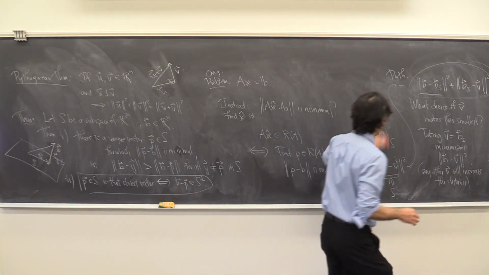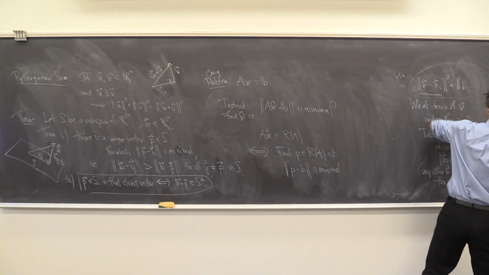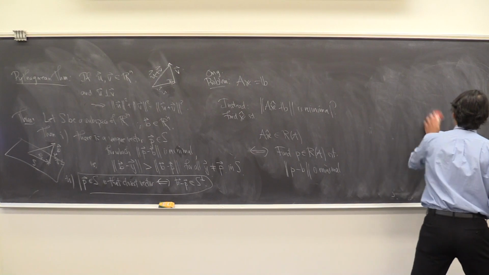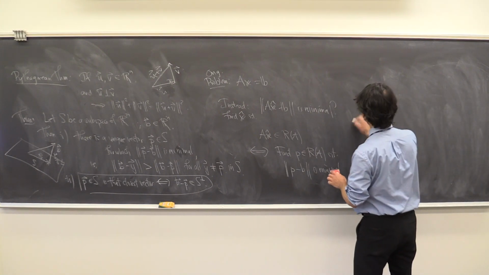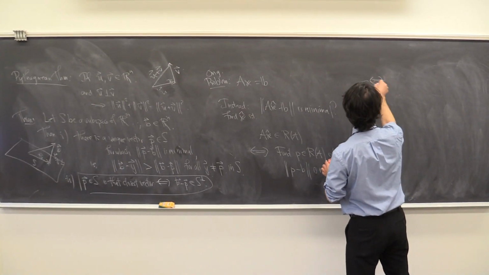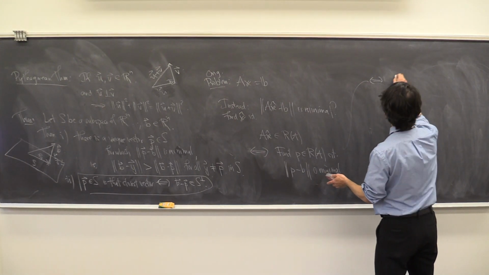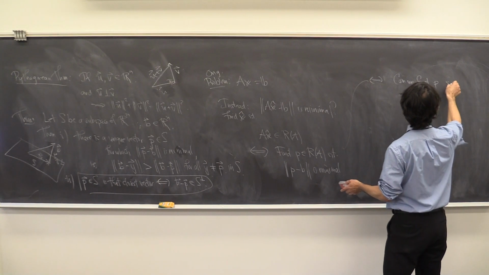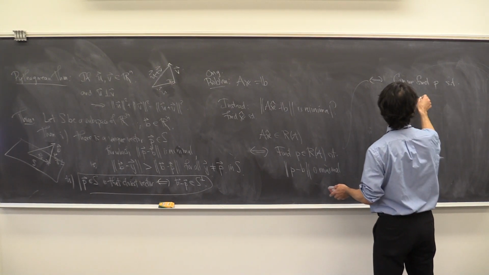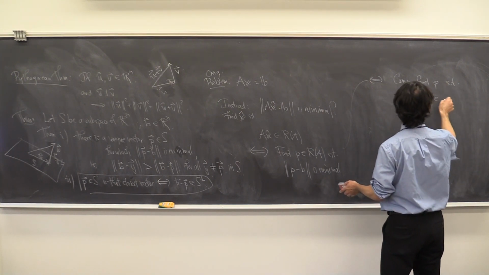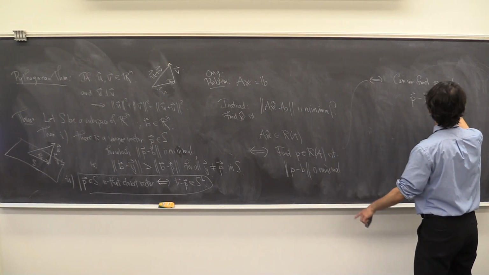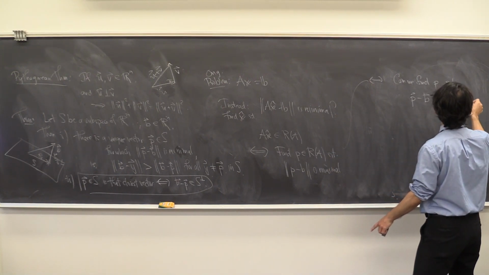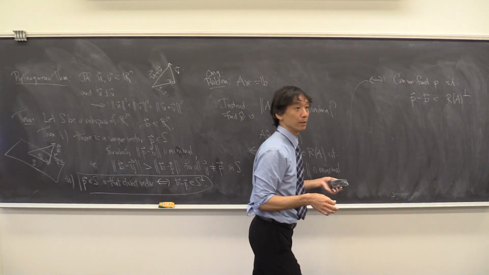Okay, but now we've got this theorem, and the theorem says that we can rephrase that problem again. Our question is then, can we find P such that P minus B is in the orthogonal complement of the range of A?